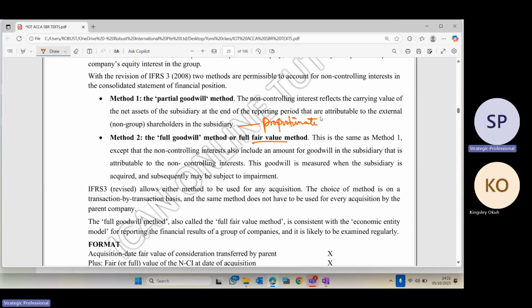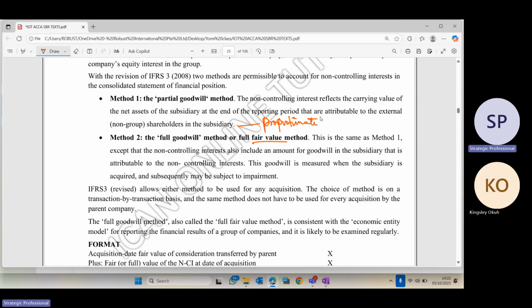It allows any of the methods to be used for acquisition. However, the choice that we use depends on the transaction. We don't just assume. It is the transaction that is going to tell us whether it is fair value or partial goodwill method.